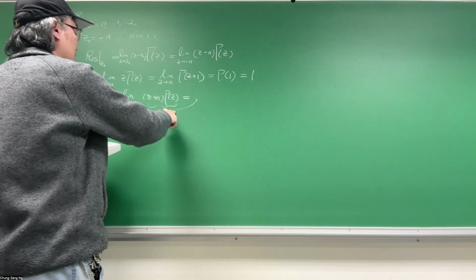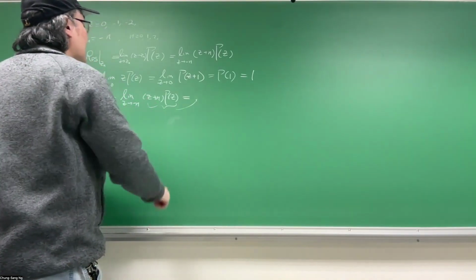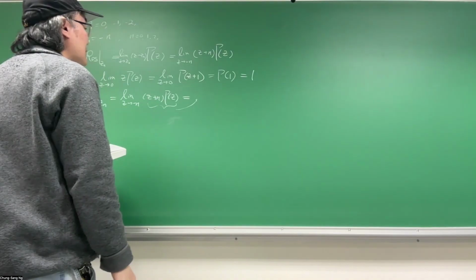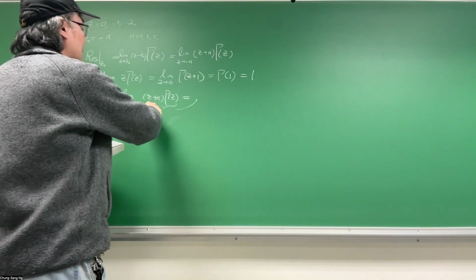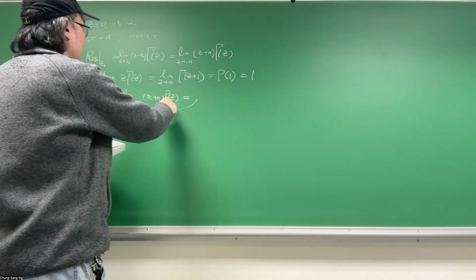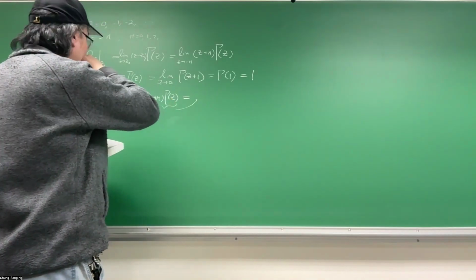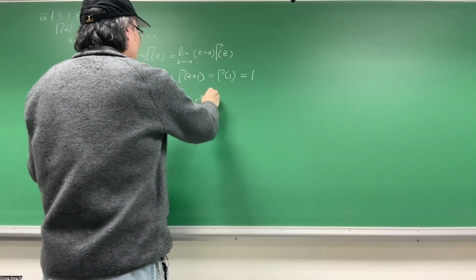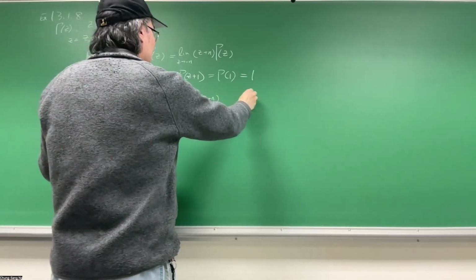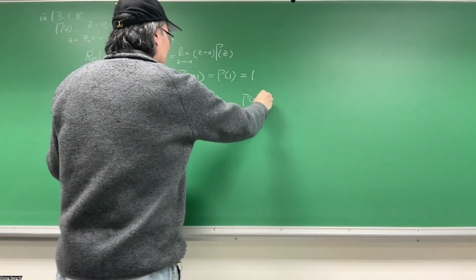Originally the argument is z, so we want to keep increasing it. We want this to be z gamma z equals gamma z plus 1, just like what we did, right?